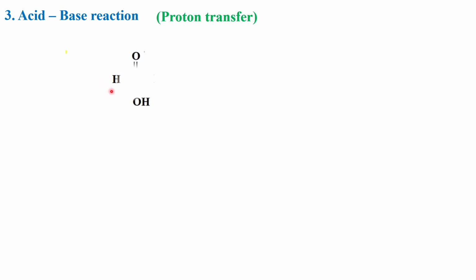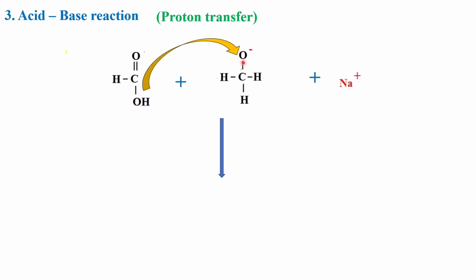And the third one is the acid base reaction, otherwise called proton transfer. Here we have taken the products obtained from the second step, that is formic acid and formate ion, and that is added with sodium ion. By this addition, the hydrogen present here is going to add to the oxygen.